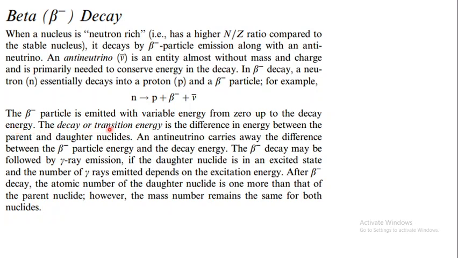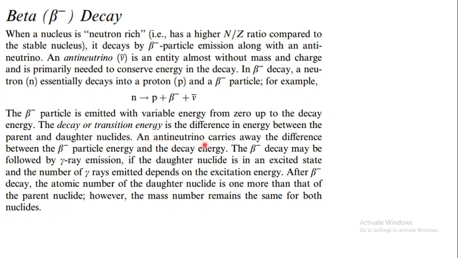The decay or transition energy is the difference in energy between the parent and daughter nuclide. Most of the energy will be carried by the beta particle, but the rest of the energy, which is still less compared to the parent nuclide, will be held by the antineutrino, and that is also known as the decay or transition energy.